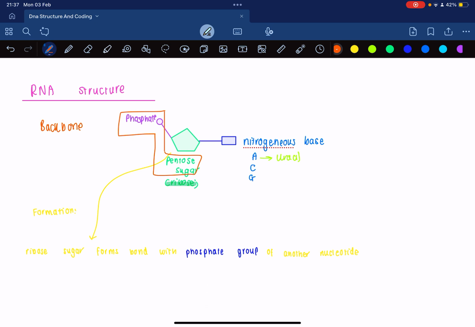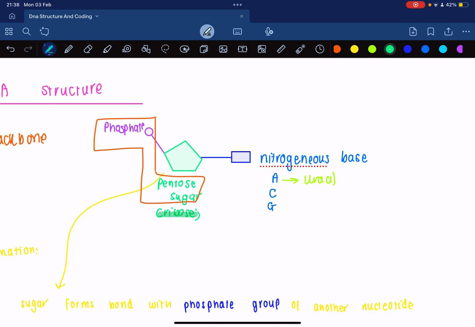Remember that our RNA can be located in the nucleus, but it can also be in the cytoplasm, and it forms a part of ribosomes.